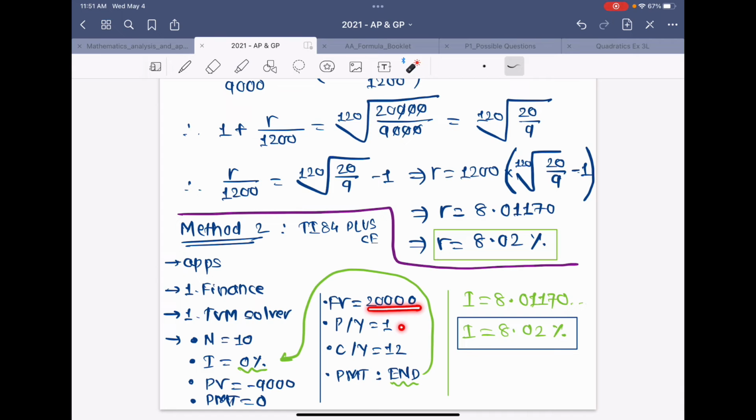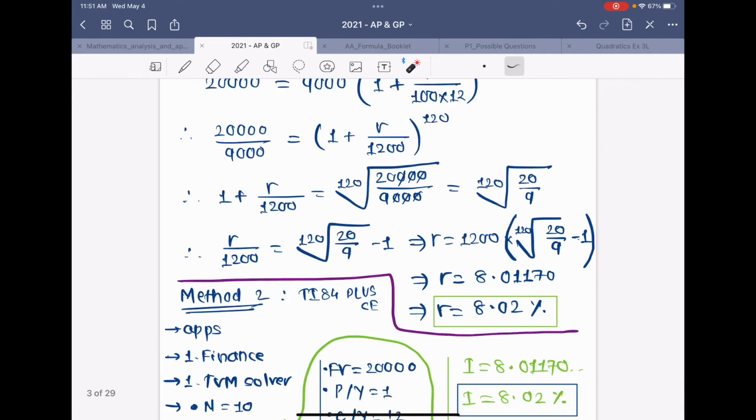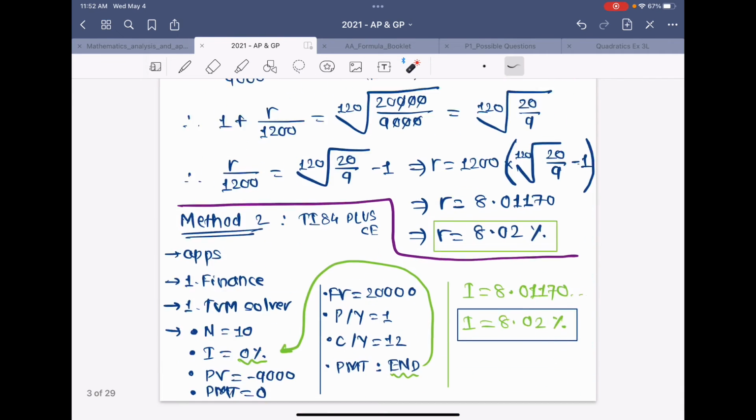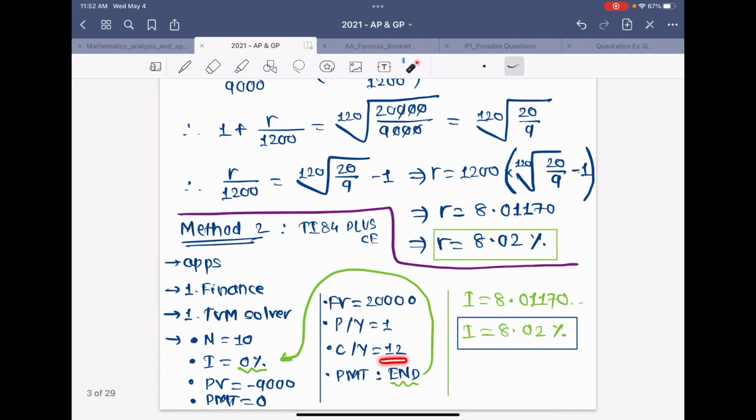P/Y is 1. But now here it is compounded monthly. So that is why we are entering C/Y, that is compounded per year, which is 12. PMT as end.